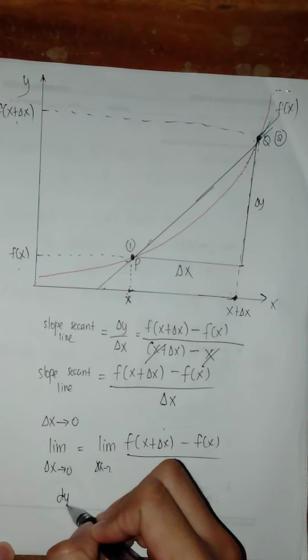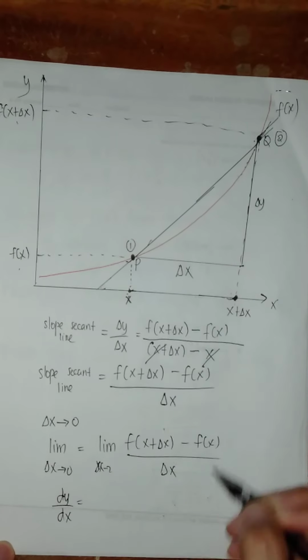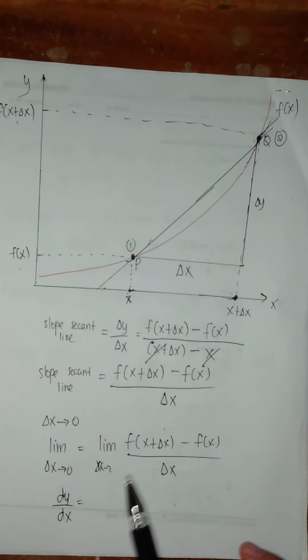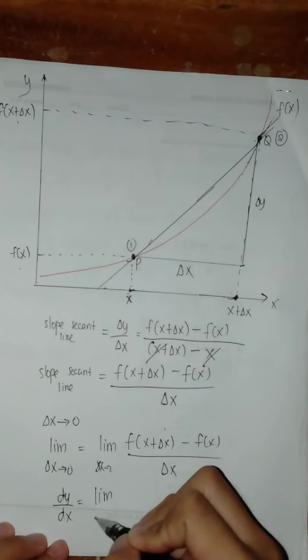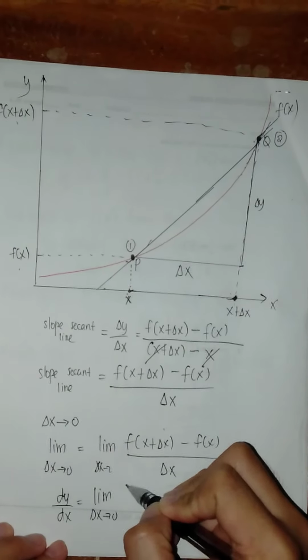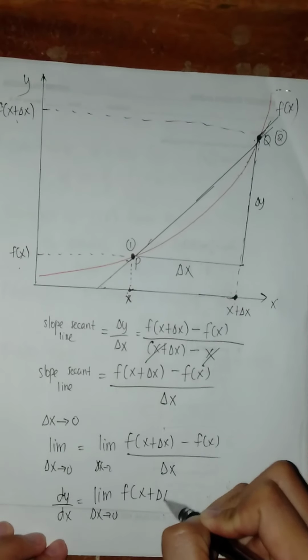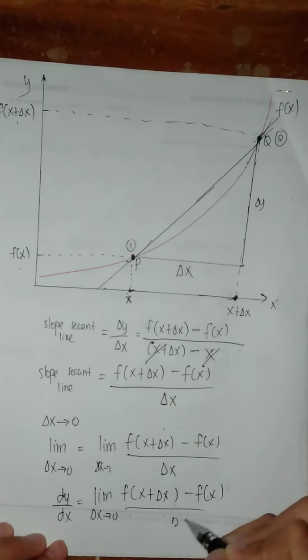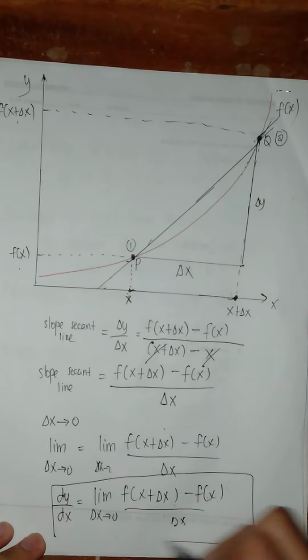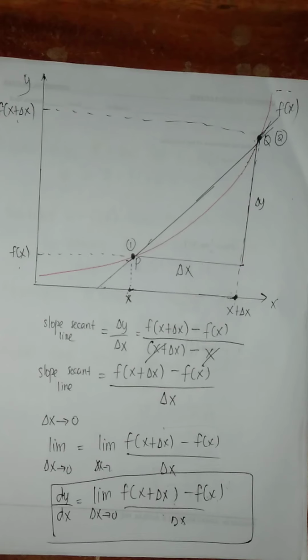That's your dy over dx equals this one. So this is the equation of your derivative. Right? That's how Newton derived the concept of derivative.